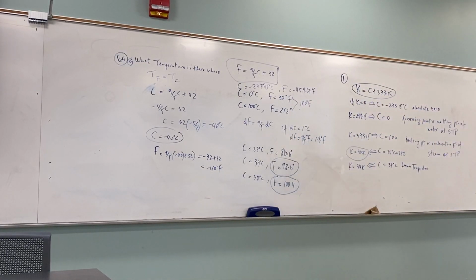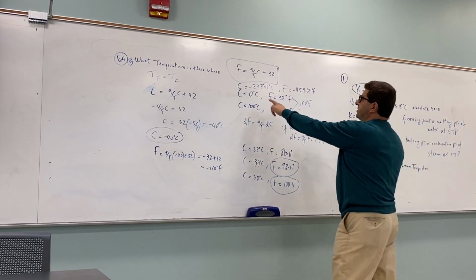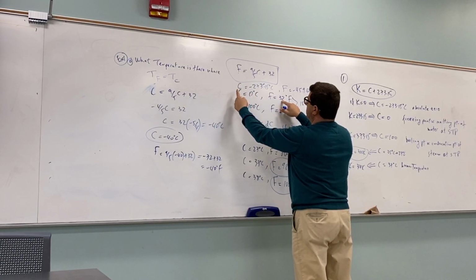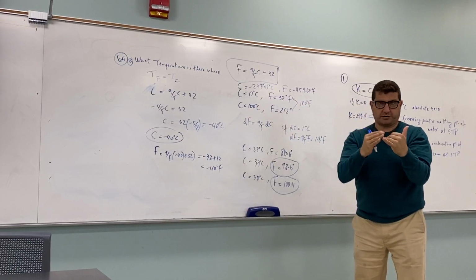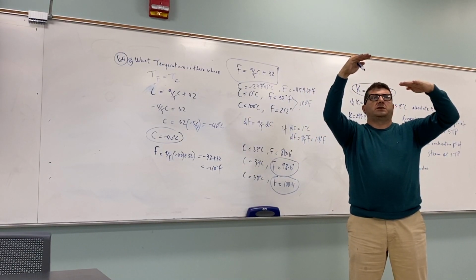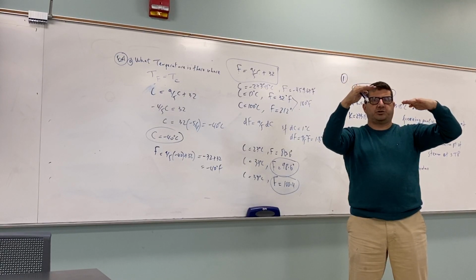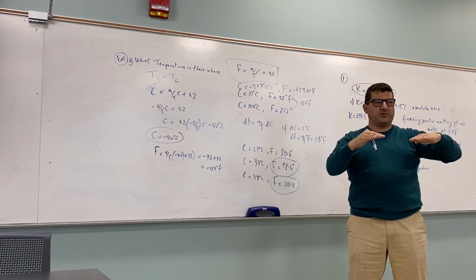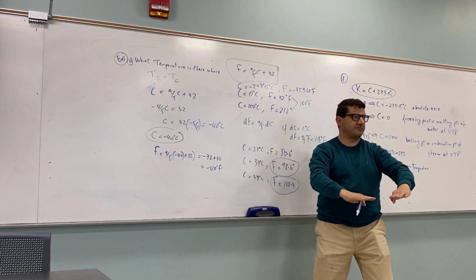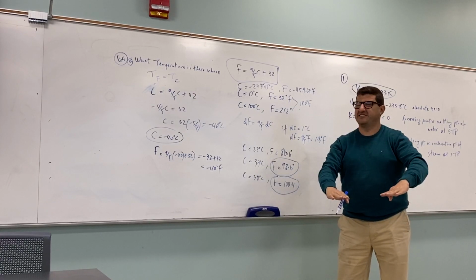So if you cool your temperature, 0 Celsius is 32 Fahrenheit. If you go cooler than 0, the Fahrenheit is going down quicker, you see? So 0 Celsius is 32 Fahrenheit. If you cool this, this is going down, this is going down, you see? And then when you get to negative 40, now the Fahrenheit is matching the Celsius.